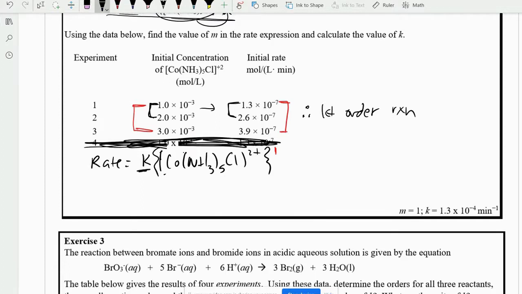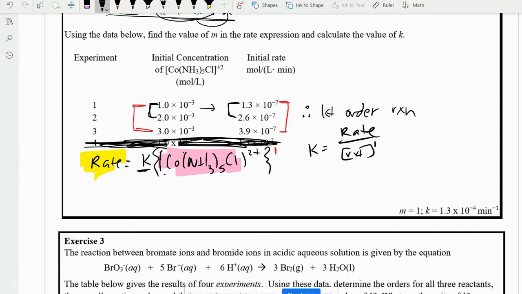Because the data table is giving you rate data and also concentration data of the reactant. So you can simply rearrange this equation to solve for the rate constant. This is a common question that you'll be asked often. If you rearrange this equation, ultimately what you would get is k equals rate over the concentration of the reactant to the first order.